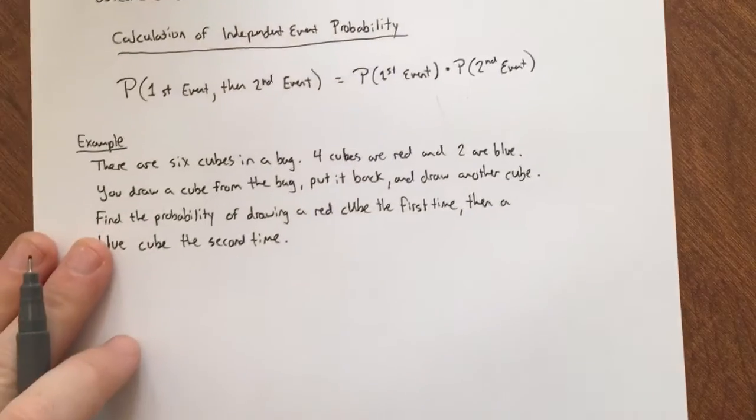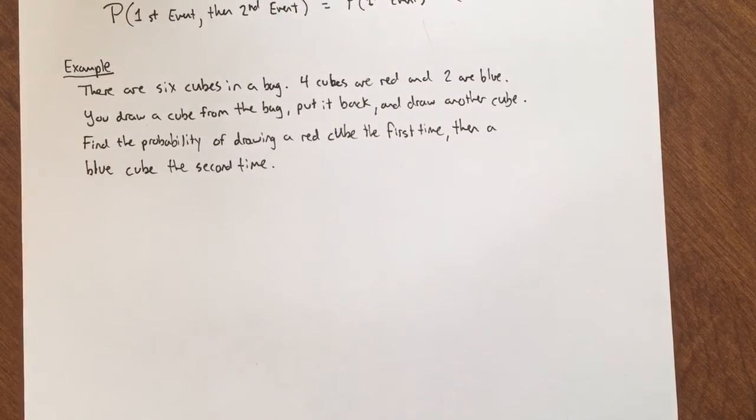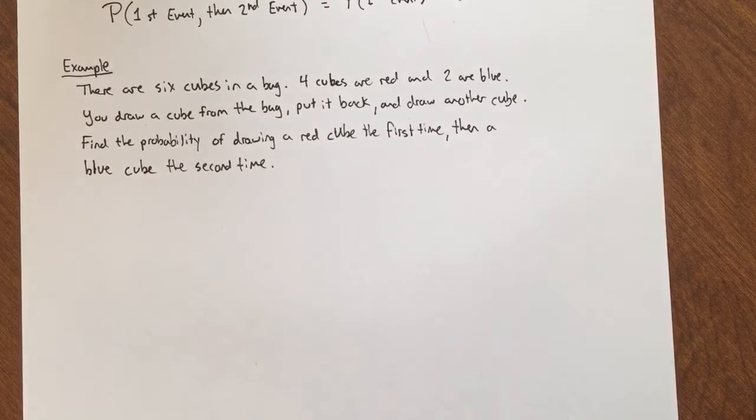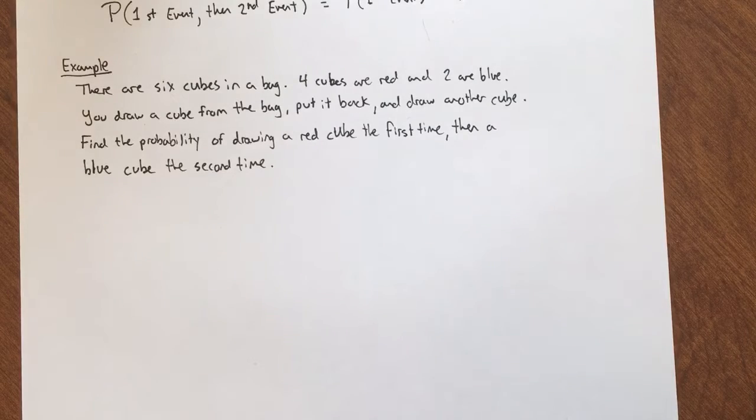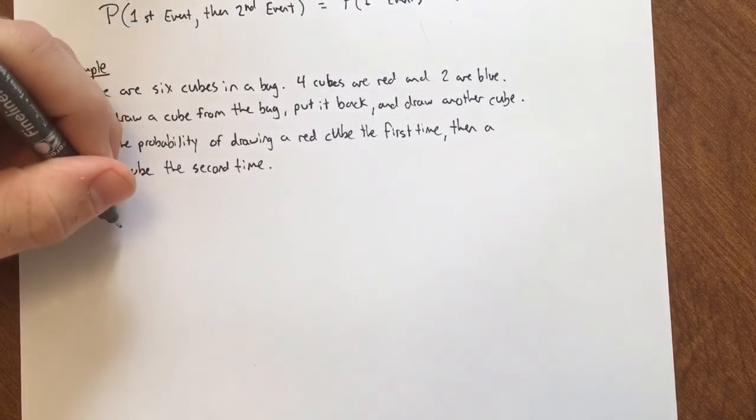Let's take a look at this example that we have down below. There are 6 cubes in a bag. We've got 4 cubes that are red and 2 cubes that are blue. You draw a cube from the bag, you put it back, and then you draw another cube. Find the probability of drawing a red cube the first time, then a blue cube the second time. So let's think about what's taking place here.